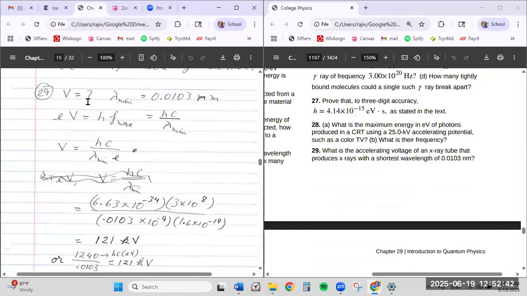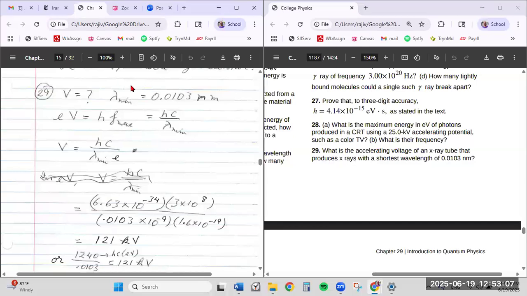So we have to figure out V, and we are given that the minimum value of lambda is 0.0103 nanometers. The equation for the energy of maximum frequency photons or maximum frequency radiation is eV equals h f max.